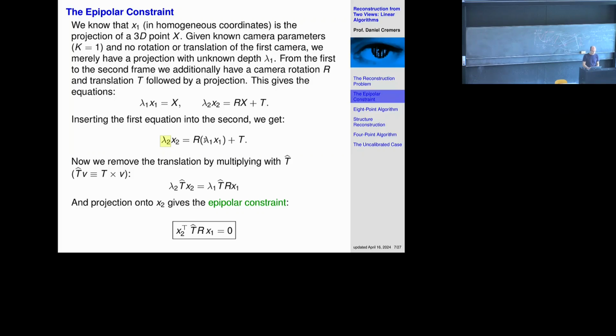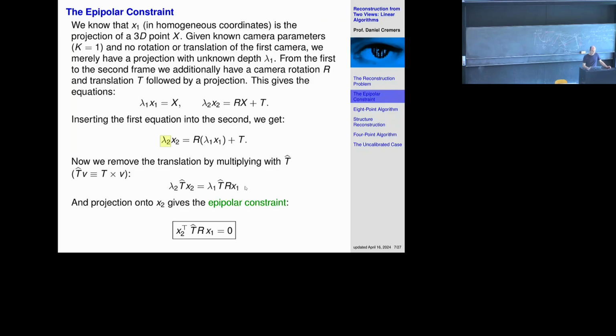And then we get here this term, lambda 1 t hat R x1. And then t hat times t, since t hat mimics the cross product, t cross t is actually 0. So this term disappears, and we are left with this equation.